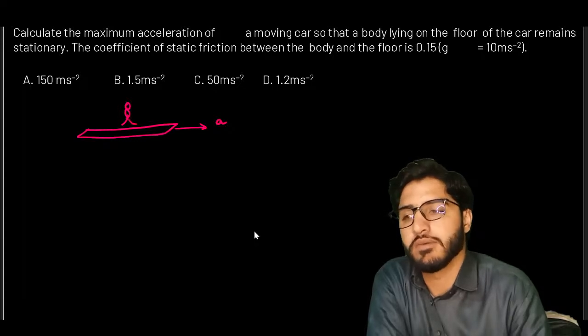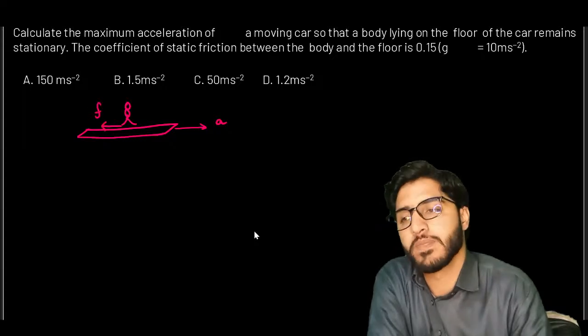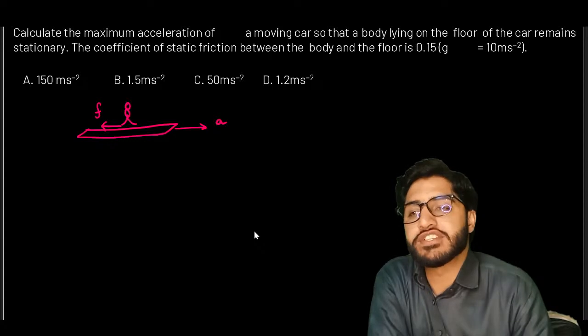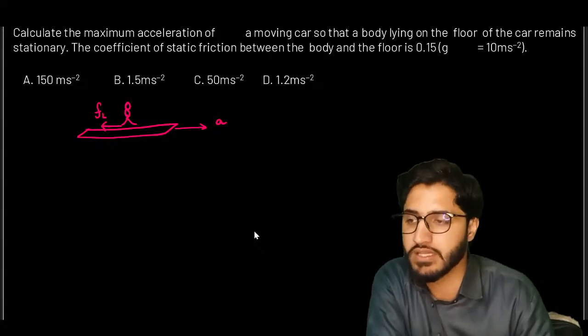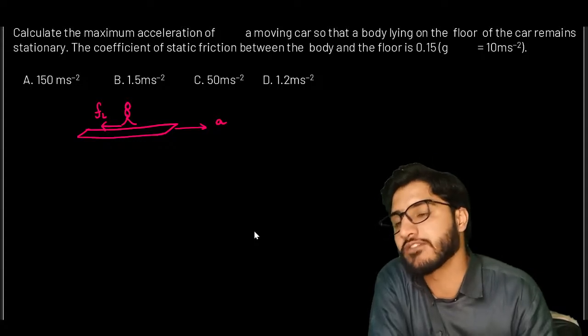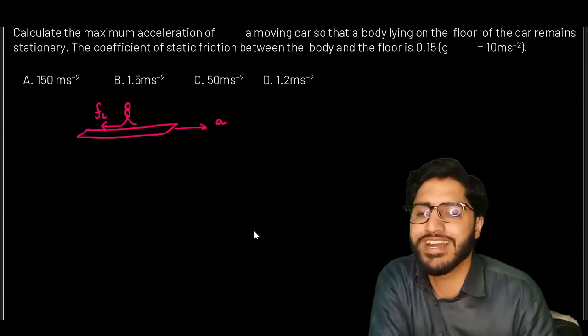Due to this acceleration, a pseudo force will act, and the friction force will act. If this body needs to be stationary, the friction force should be the limiting friction. That means the force acting on the body should be balanced by the limiting friction, so the body will remain at rest.